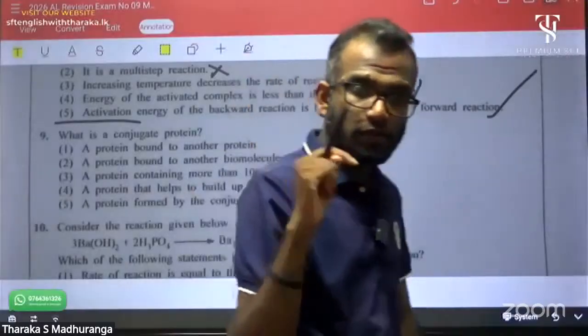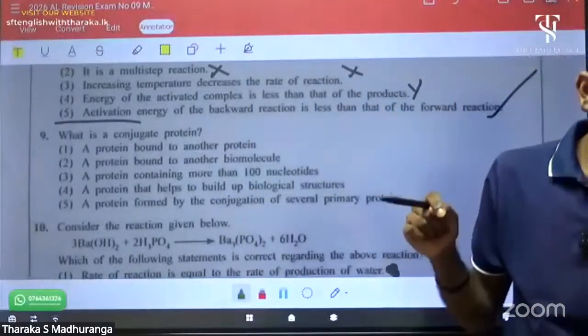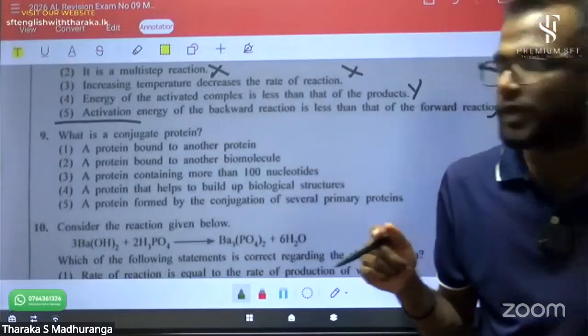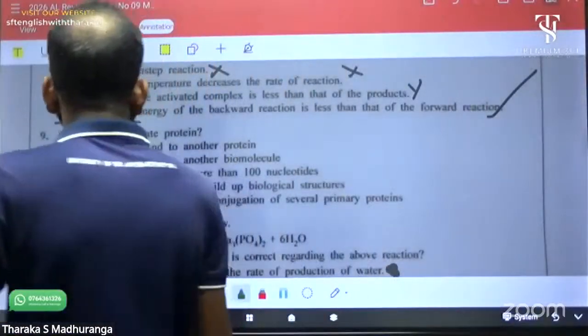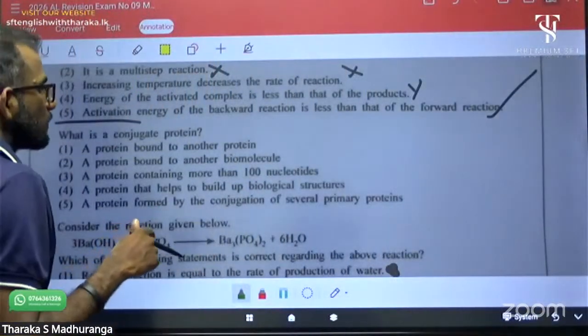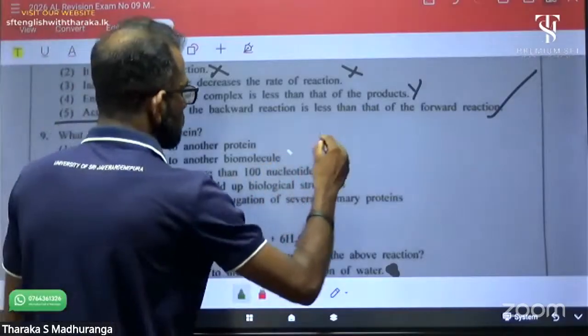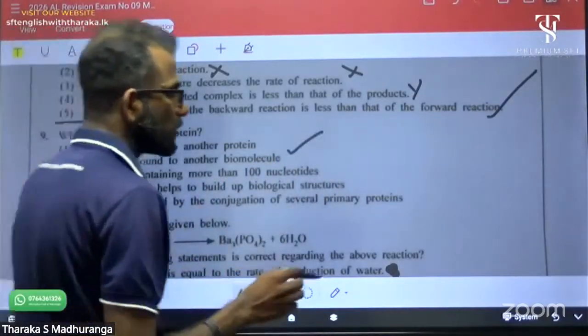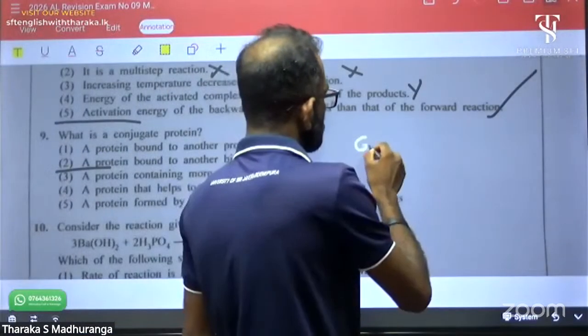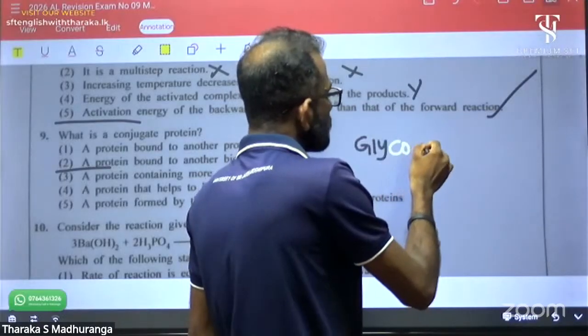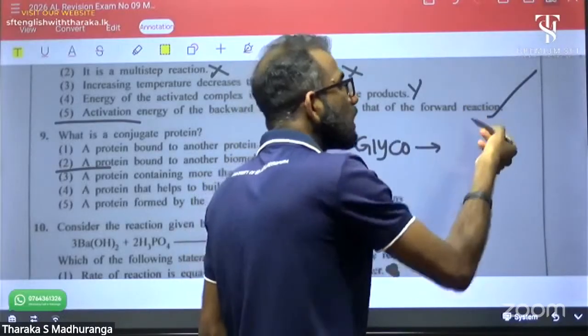In the lesson, I have clearly explained the meaning of conjugated protein. A conjugated protein means a protein combined with another biomolecule. For example, glycoprotein is a protein combined with carbohydrates.